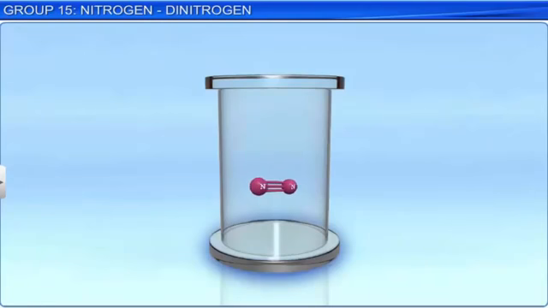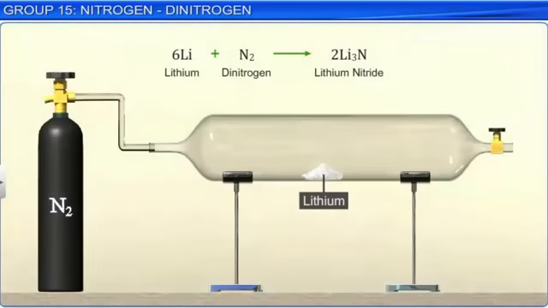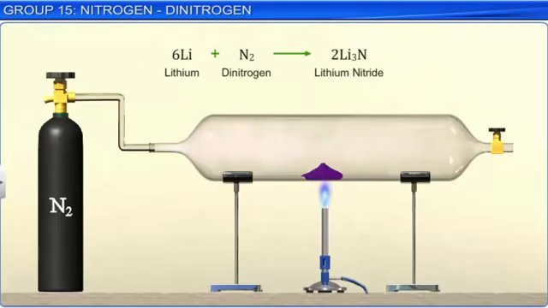In other words, it is chemically inactive at room temperature, with the exception that it reacts with finely divided lithium to form lithium nitride. The reactivity of dinitrogen with lithium at room temperature is attributed to the highly active lithium. However, the reactivity of dinitrogen increases at higher temperatures.